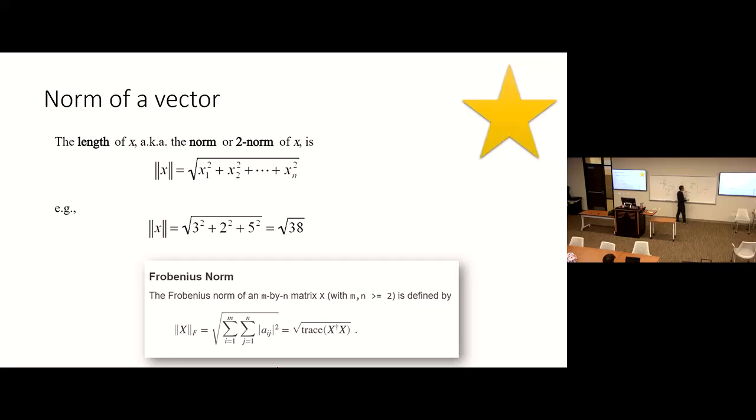The norm is how long this is, okay? To calculate this, you have x squared plus y squared, then square root, and that's norm A.